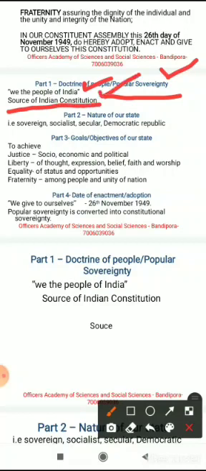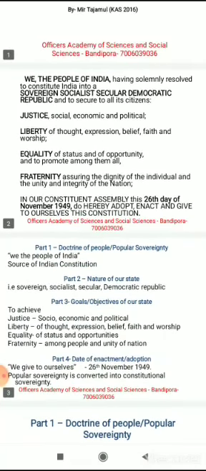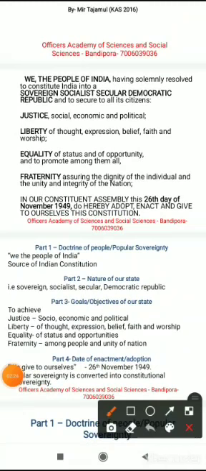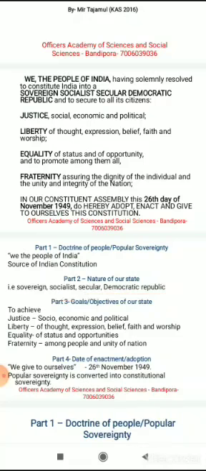And part second is the nature of our state. As we said, the nature of our state is sovereign, socialist, secular, democratic republic. So this is the second part of our preamble.